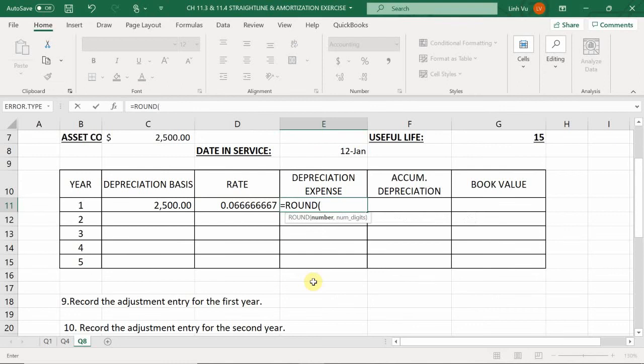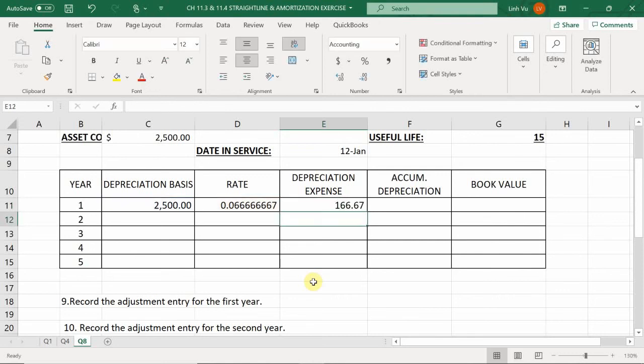So depreciation equal, we're going to do expense. So the basis of the 2,500 times the rate, equals 166.67.